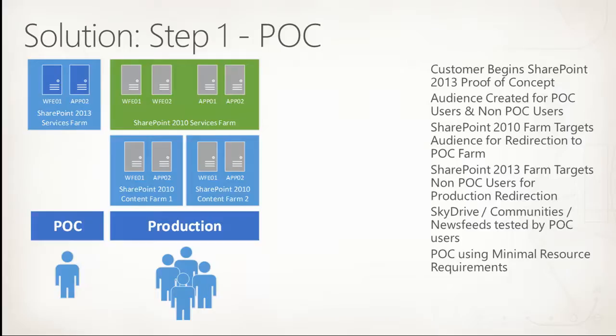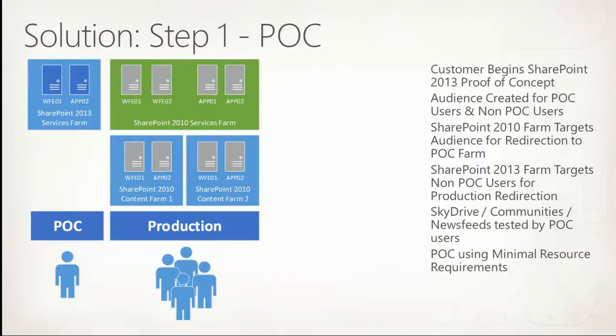The first task for them to start the proof of concept would be to create an audience. You can do this in the SharePoint 2010 farm. The reason they would do this is that when a user hits the My Site or the user profile application on the SharePoint 2010 farm that they're subscribed to, they're going to be redirected based on their audience to the 2013 farm, if it's specified in the trusted My Site host locations.